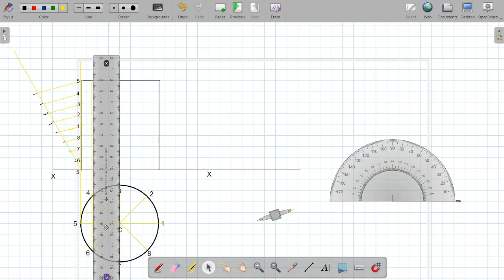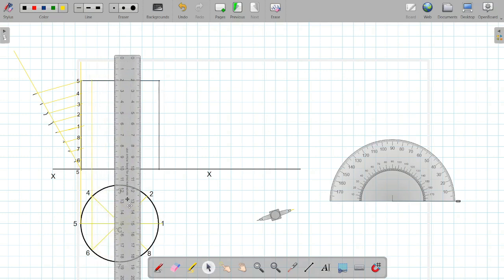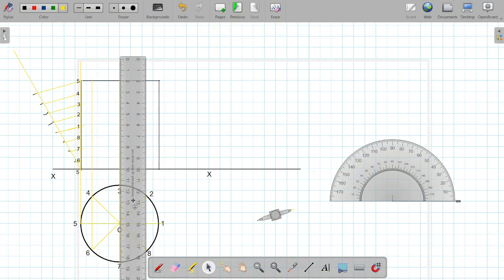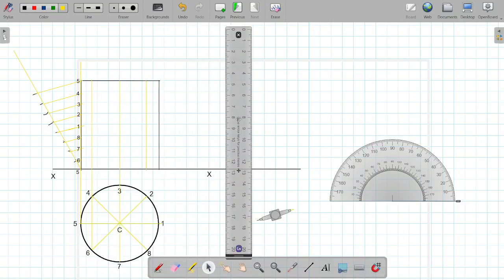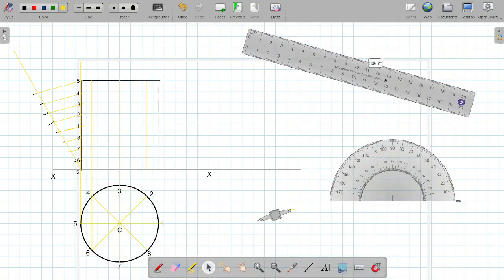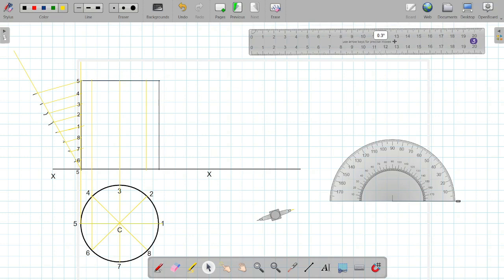We have to make the projectors from all the points, from 2 and 8, and from point 1, which is already there. And similarly, now we have to draw the projectors from all the points on this pitch.